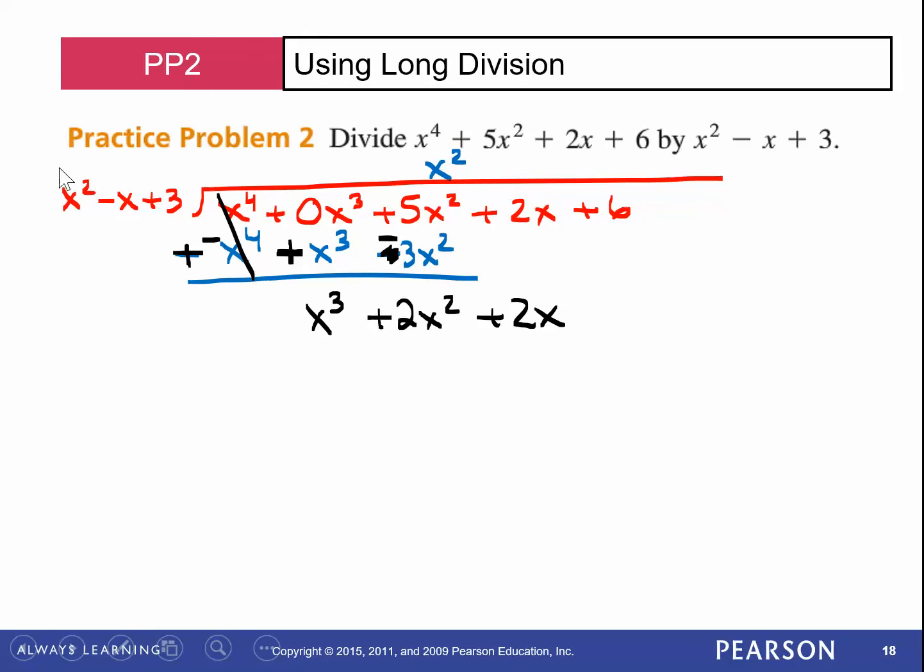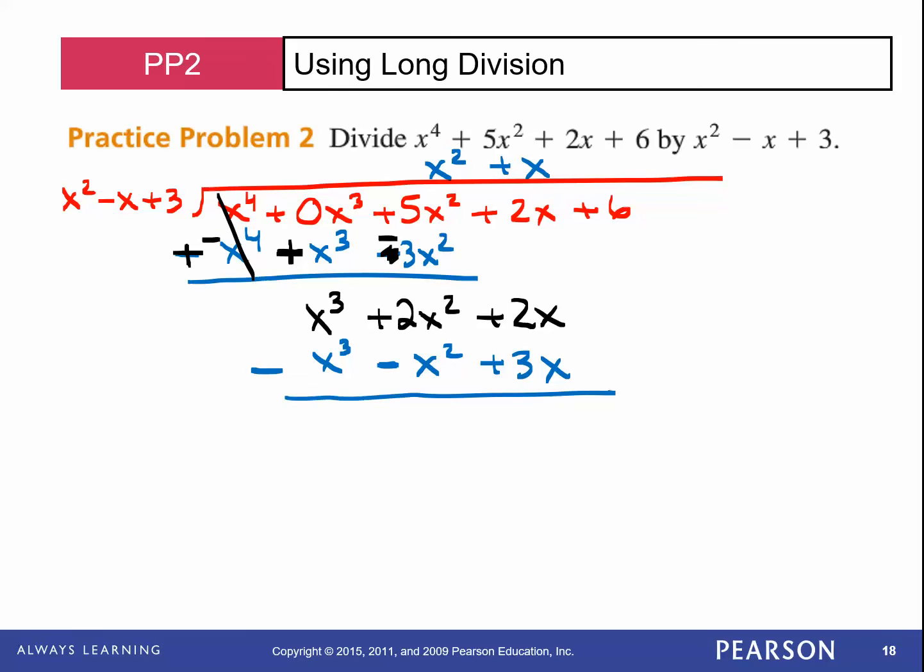Alright, something that multiplies x squared to give you x cubed. So x to the 1 power, it's a positive x to the 1 power, so I have to put a plus x at the end there. And then here we go again. x times x squared is x cubed. x times a negative x makes a negative x squared. x times 3 makes a 3x, and then we subtract.